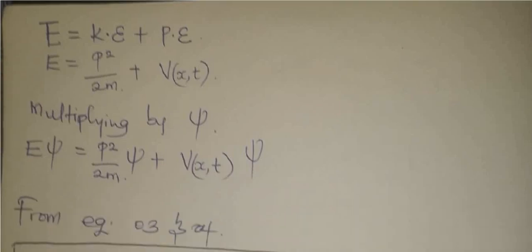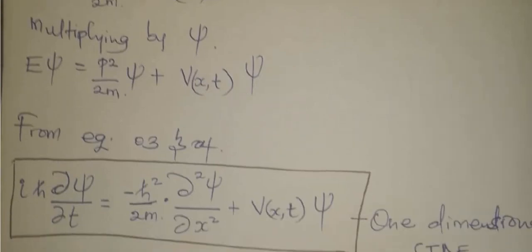Multiplying by psi, we have this. Then we replace the p squared psi and the E psi with equations 3 and 4, and we'll have the one-dimensional Schrodinger time-dependent equation to be this one.